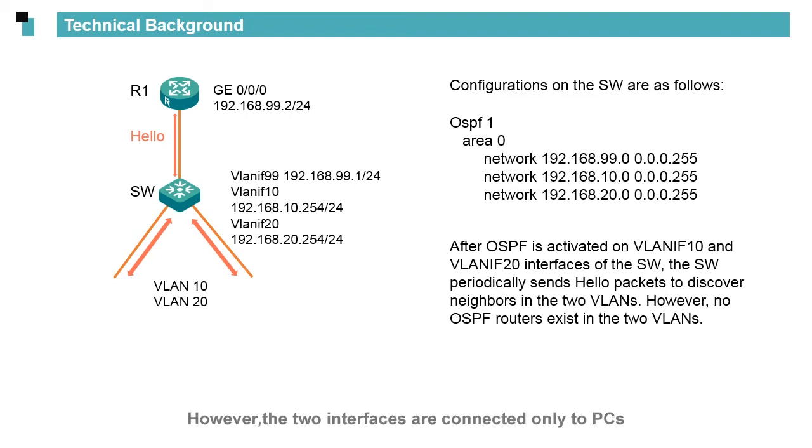However, the two interfaces are connected only to PCs. Therefore, the flooding of these hello packets not only is meaningless, but also causes extra burden on VLAN 10 and VLAN 20. How can we cope with this problem?